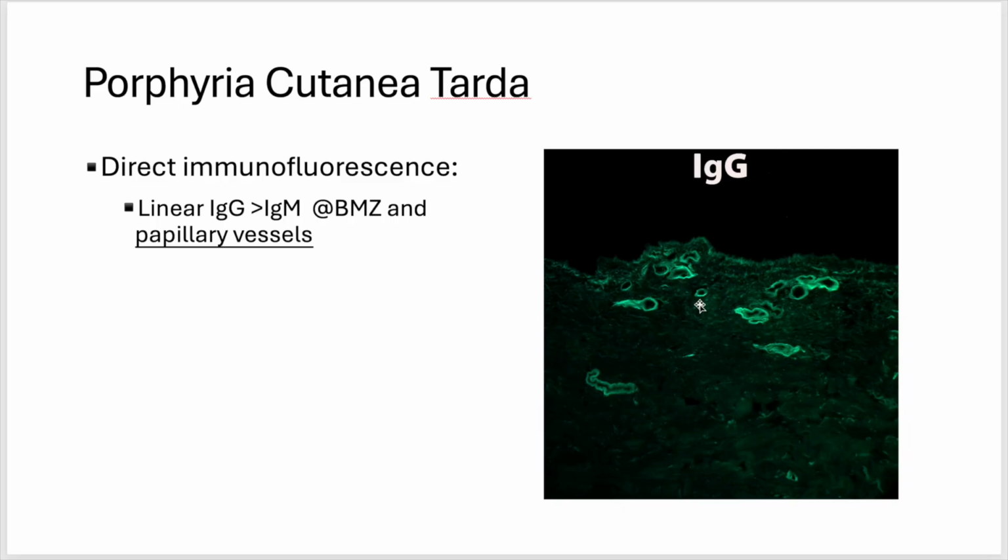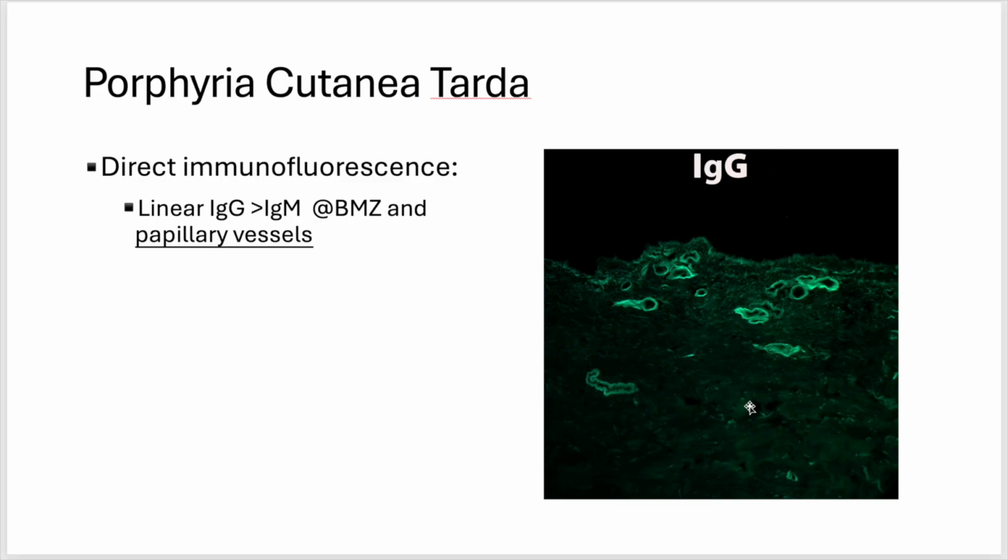Now, here is an important point to know. Even though there is a positive DIF, this is not an autoimmune disease. Why? Because the immunoglobulins we see on the direct immunofluorescence are not true autoantibodies.